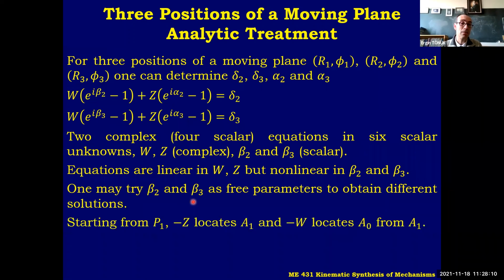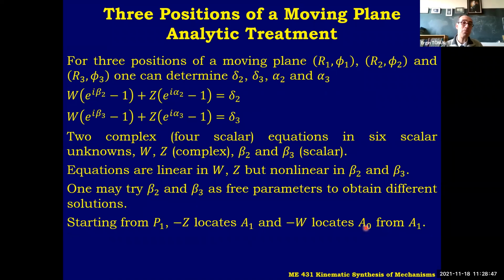And what happens? I knew the position of the representative point. Every negative Z1 from P gives me a candidate for A1, which can move to A2 and A3. And from that A1, every negative W, which is another complex number, locates a candidate for A0.